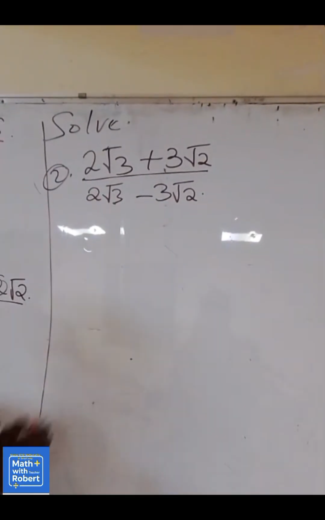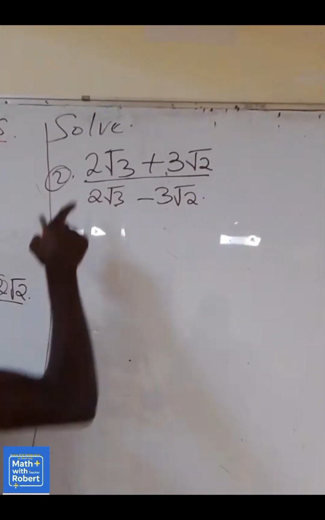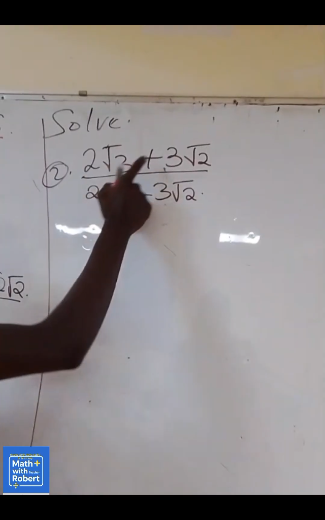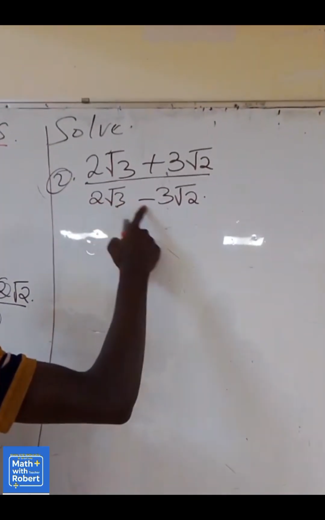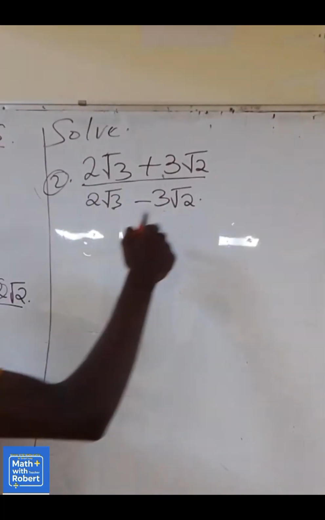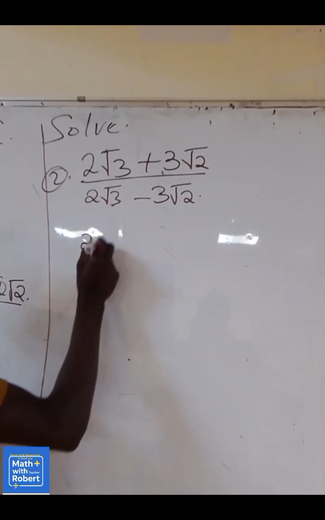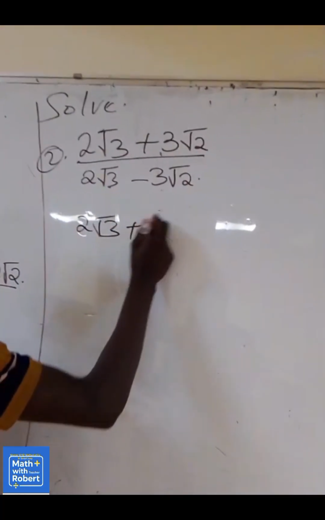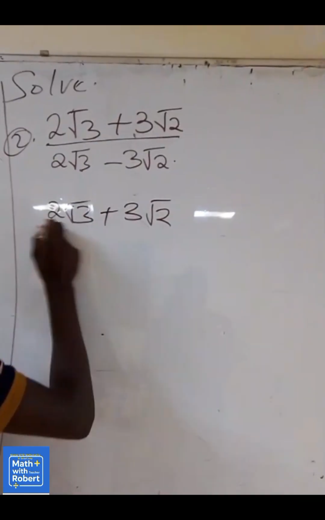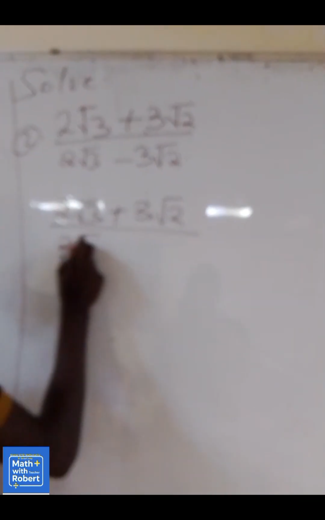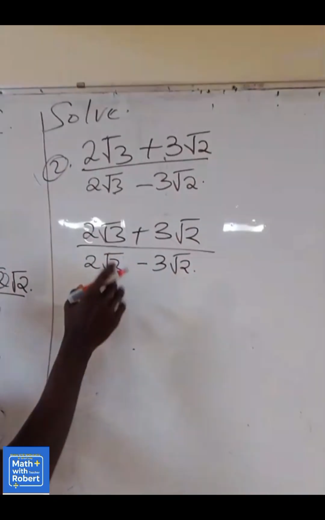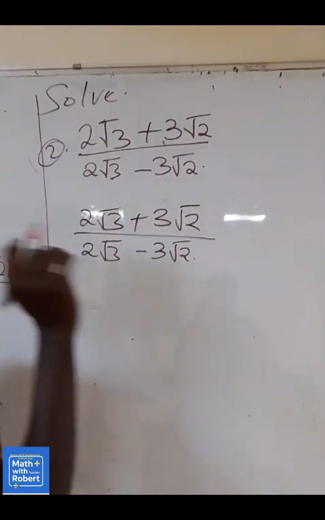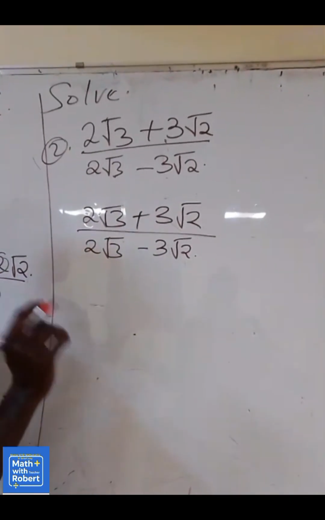So let us look at example 2. 2 surd 3 plus 3 surd 2 over 2 surd 3 minus 3 surd 2. So this one we will handle by multiplying the denominator and the numerator by the conjugate of the denominator.